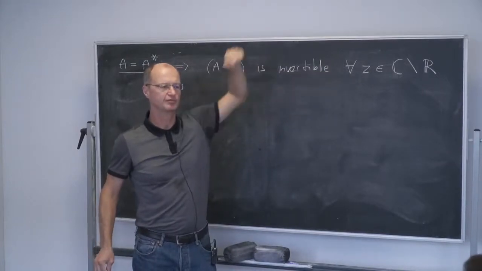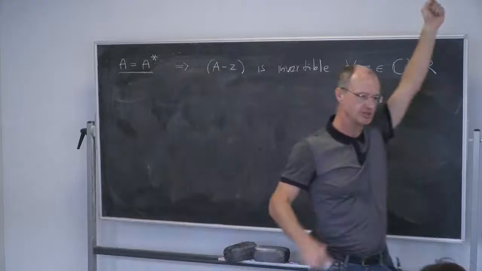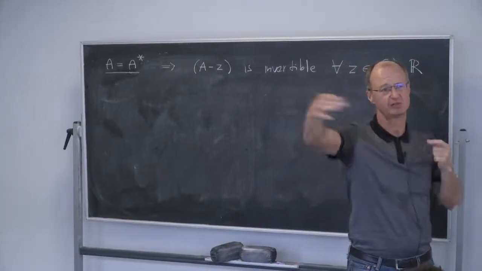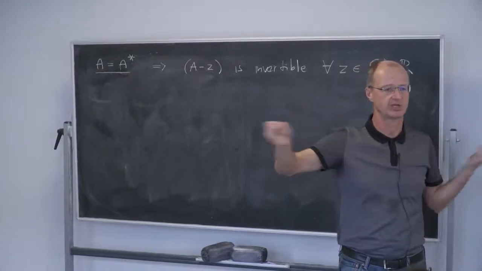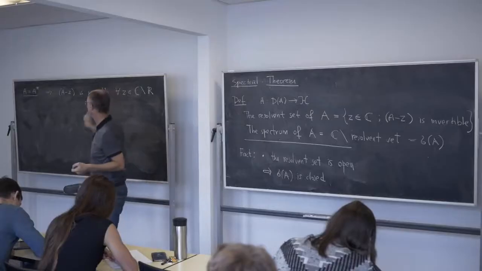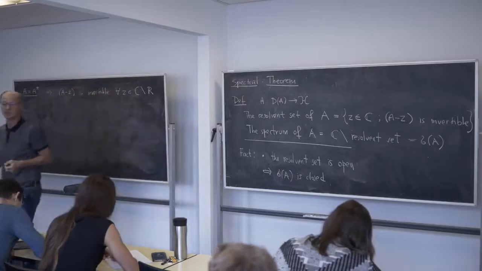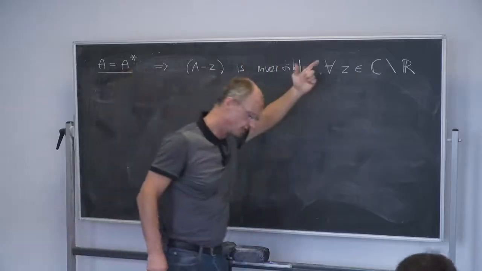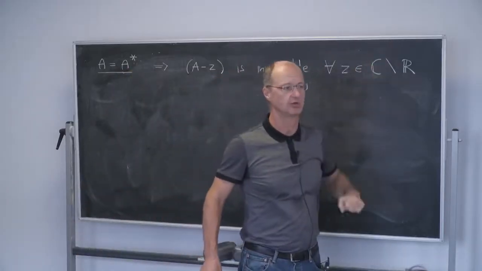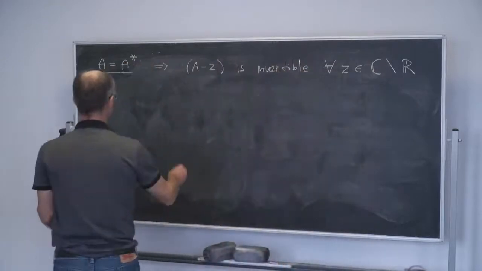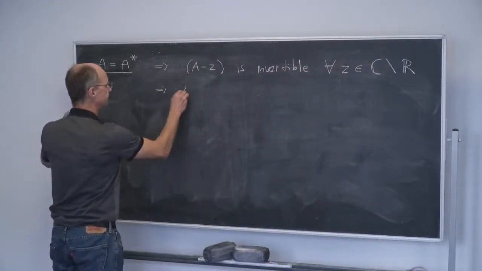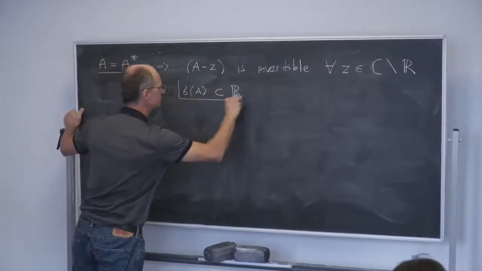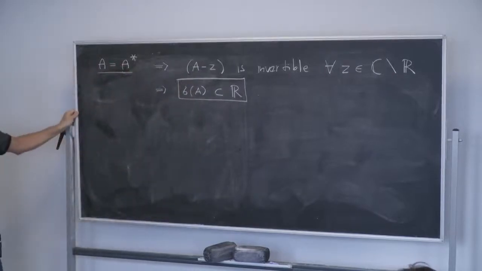Remember, we proved it for the imaginary axis outside 0, but of course real shifts don't matter. You can always modify the arguments we gave before, and we'll see that A minus z is invertible on all of the open upper half plane and all of the open lower half plane. So this means that the spectrum is contained in R.